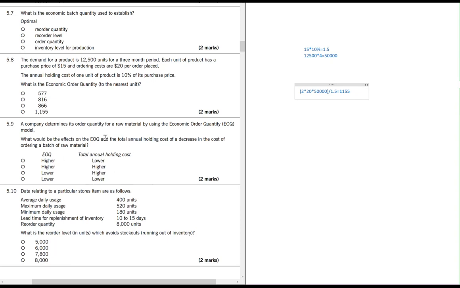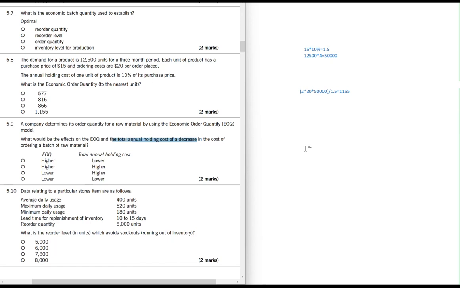What would be the effect on EOQ and total annual holding cost of a decrease in the cost of ordering a batch of raw material? A company determines its ordering quantity for new raw material by using the economic order quantity EOQ model. If the cost of ordering decreases, what happens? Let's say you were buying material and the supplier was in a very distant location.